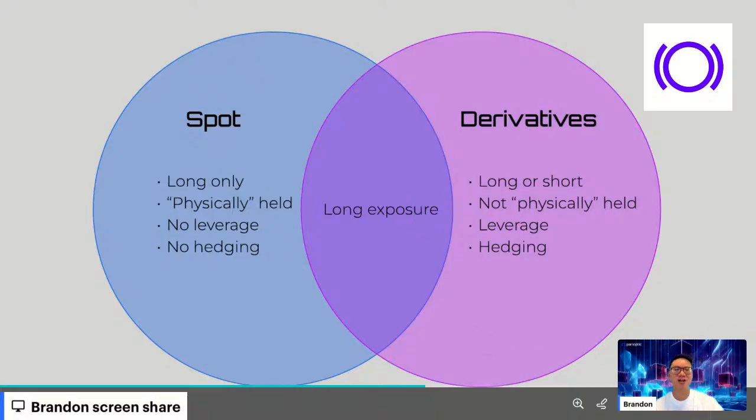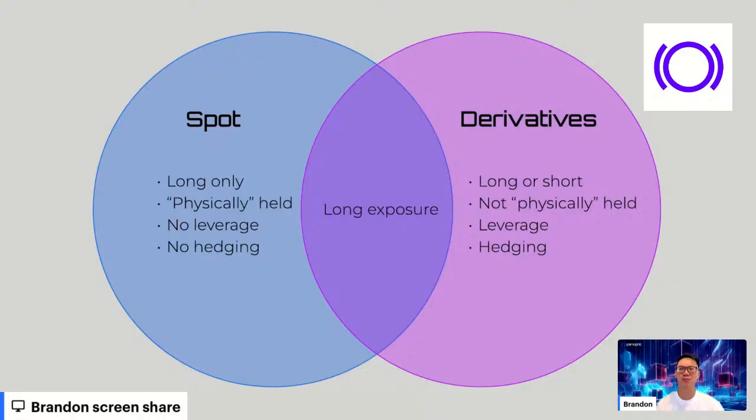The whole branch of options and perps falls under this branch of financial instruments called derivatives. They basically derive their value from the underlying token. But people love derivatives because they let you do a few things. For example, they let you go short. You can bet against the price going down.